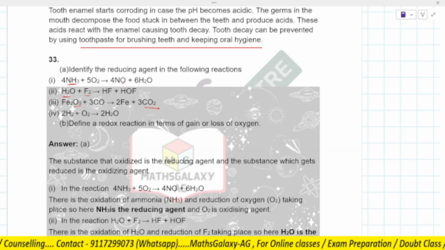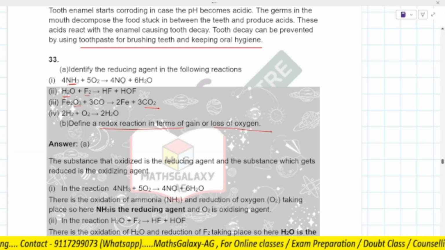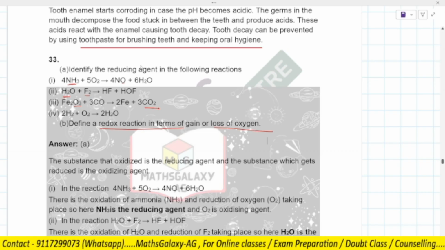Now question B. Define a redox reaction in terms of gain or loss of oxygen. Can you define it?